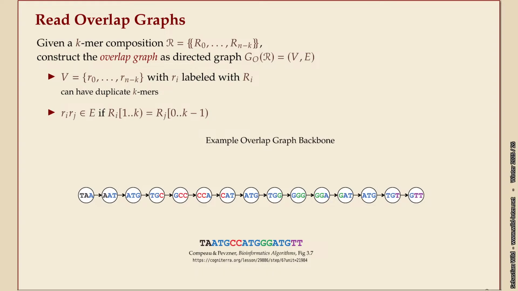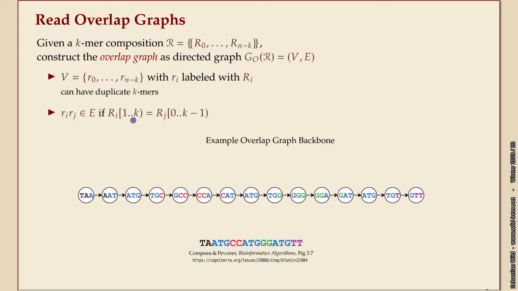And here's an example. Again, this is taken from the book because they drew it so nicely with colors that I felt it's not much fun in me redoing the drawing. So here's an example text where this comes from. The first step, this is just the backbone. This is the edges that are obviously there from what we have in the text.